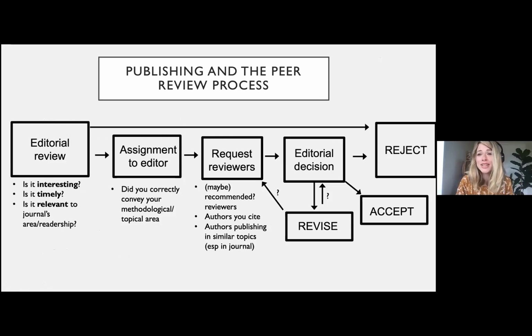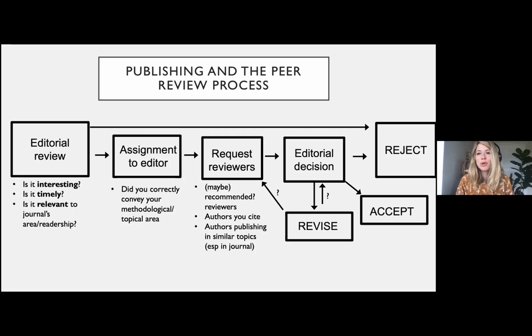And is it relevant to the people that are reading my journal? That's why you want to pick a journal that is relevant and of interest to that readership. The editor can desk reject it and say, nope, not interesting, timely, or relevant, not reviewed. Or they can assign it to an editor and say, yeah, I think this should probably be reviewed.